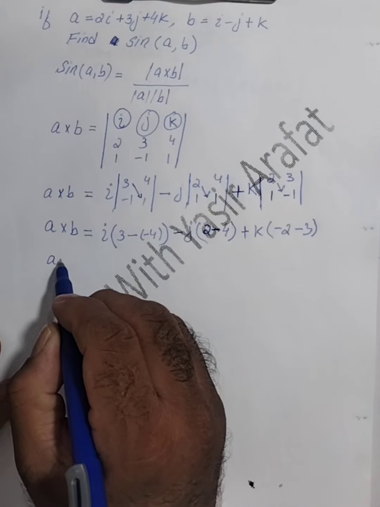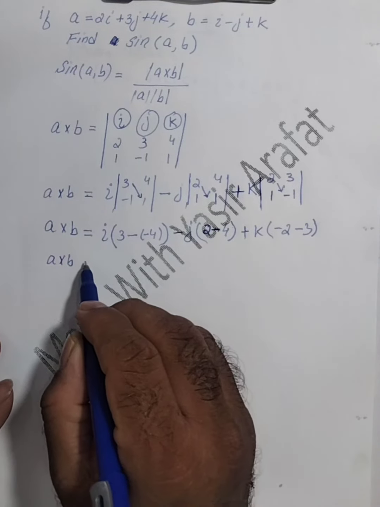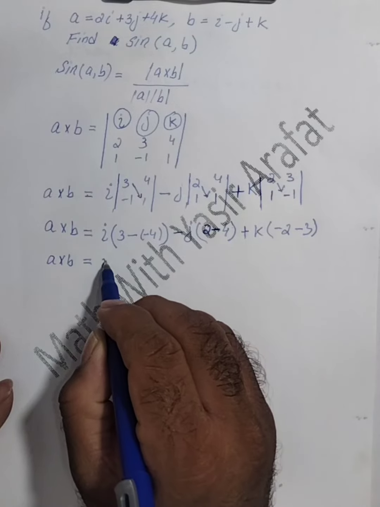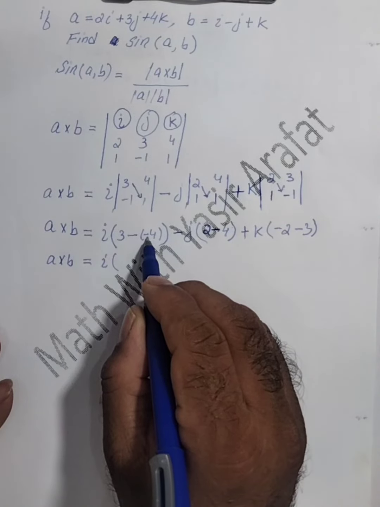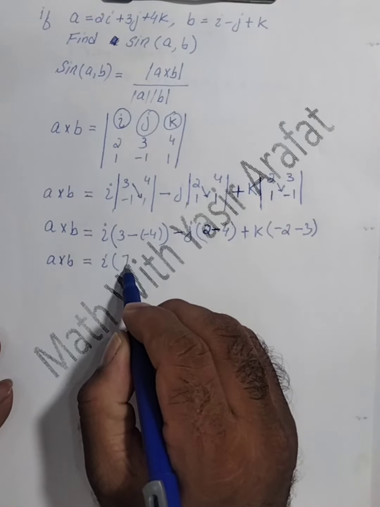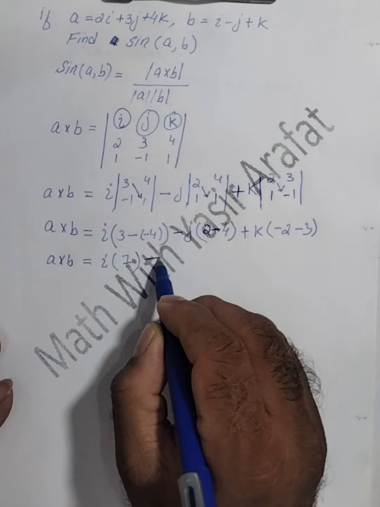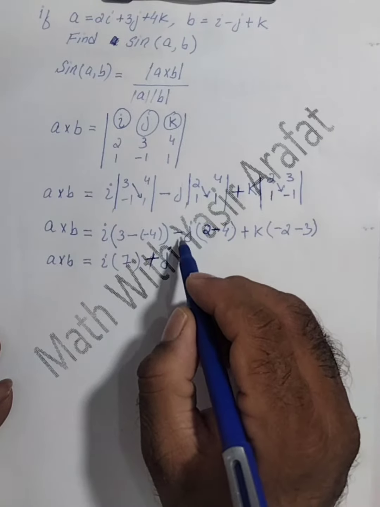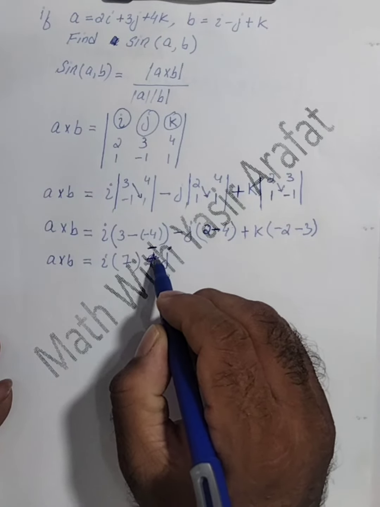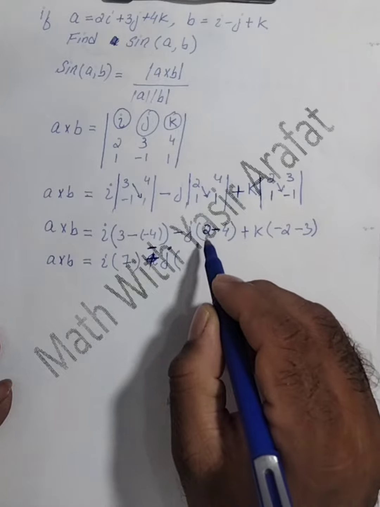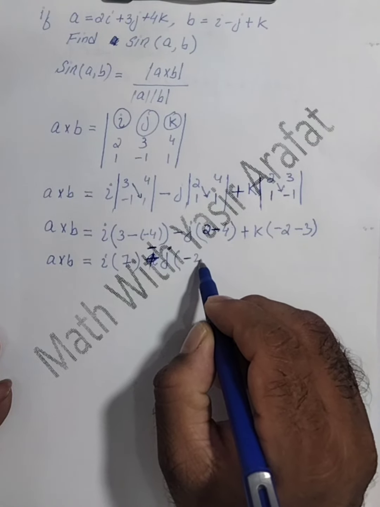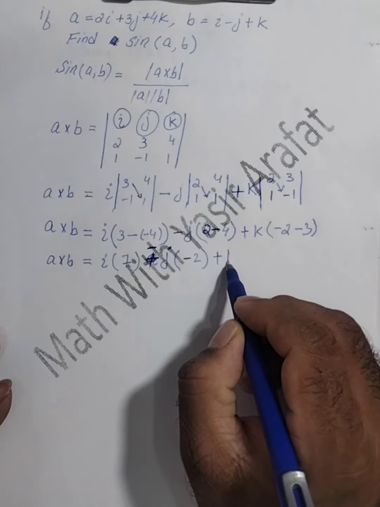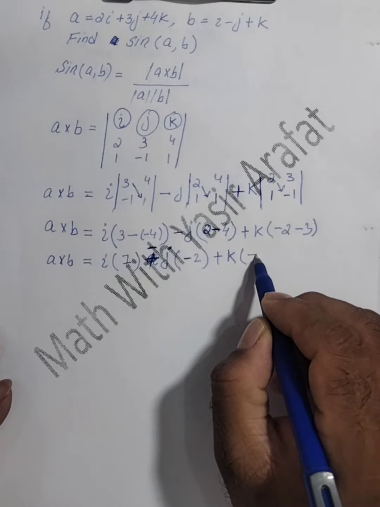So this is A cross B here. Minus minus plus, 3 plus 4 is 7. So this is j, this is minus. 2 minus 4 is minus 2, and minus 5.